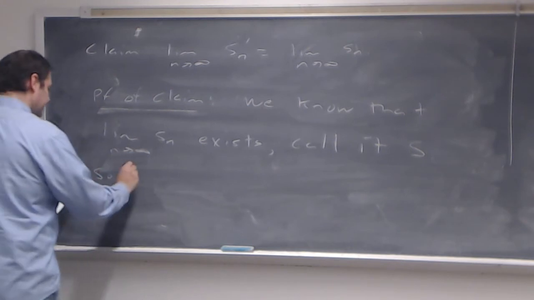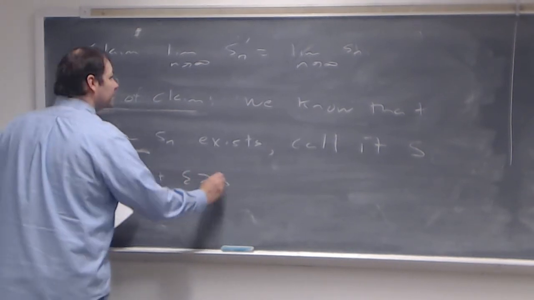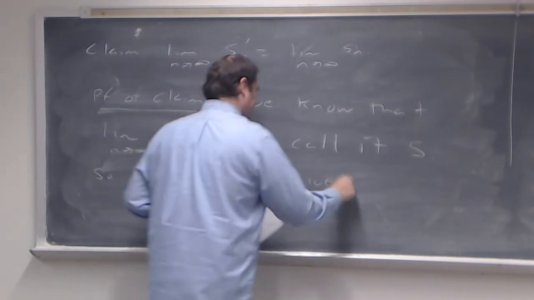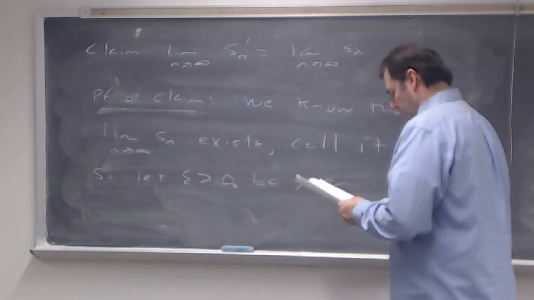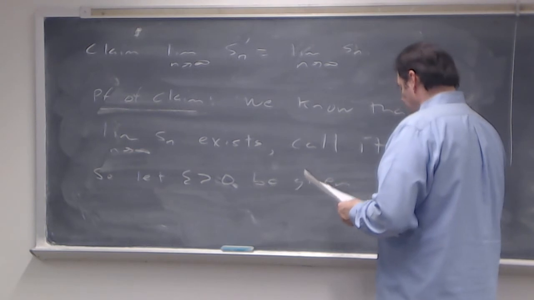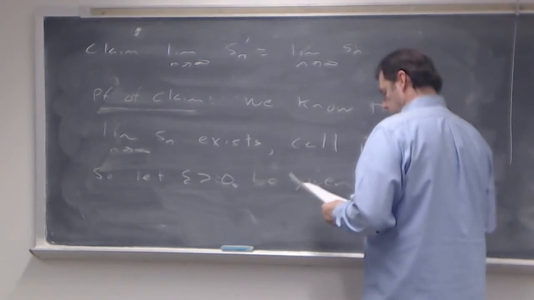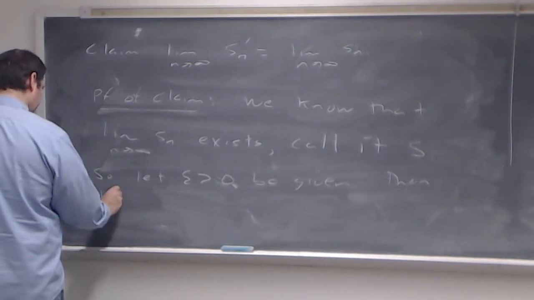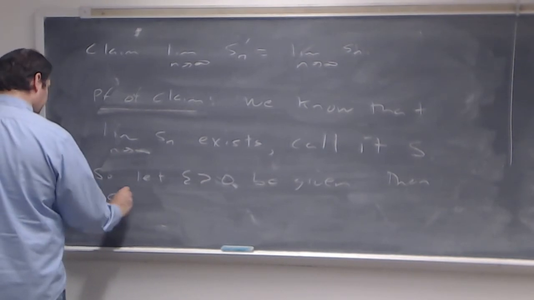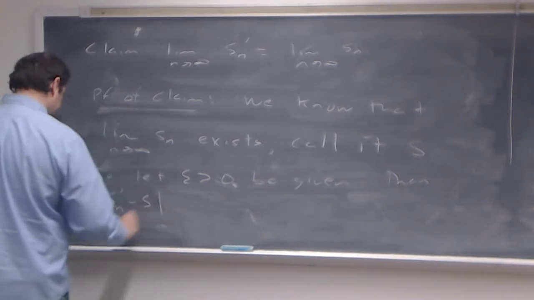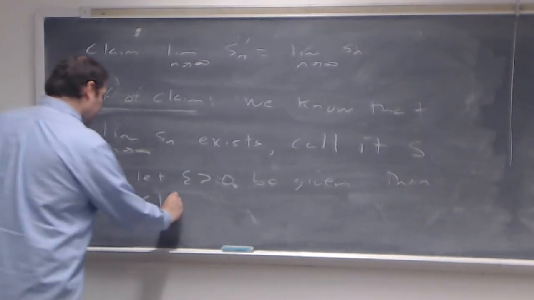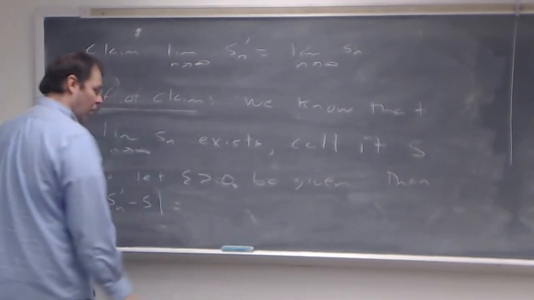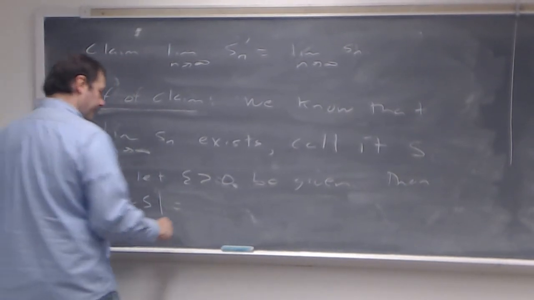So we'll let epsilon greater than 0 be given. Then, if you'll notice that s sub n prime minus s, we're going to try to show that this is less than epsilon for all n's big enough.